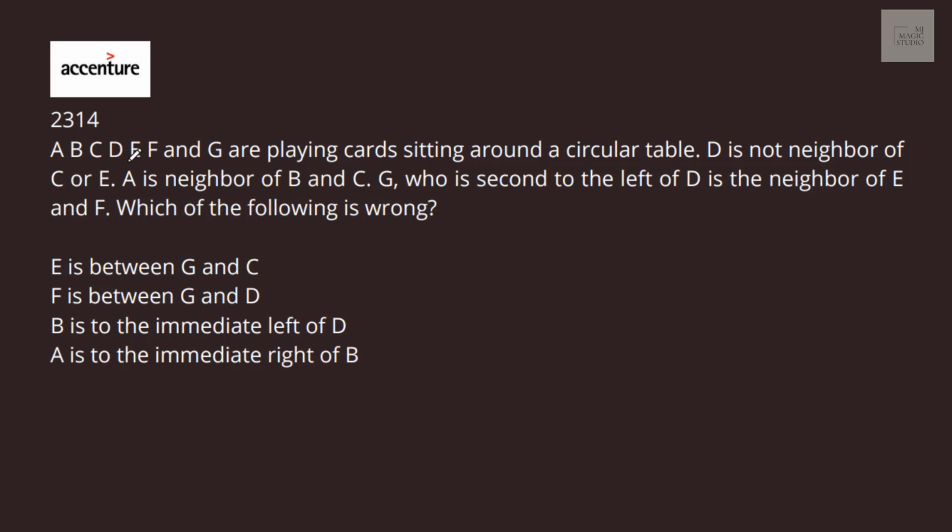A, B, C, D, E, F, G, 7 people, are playing cards sitting around a circular table.